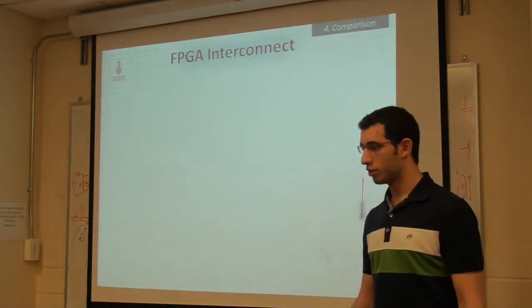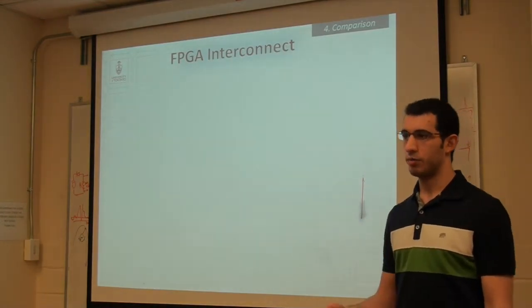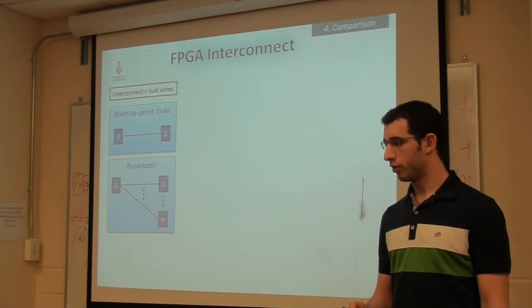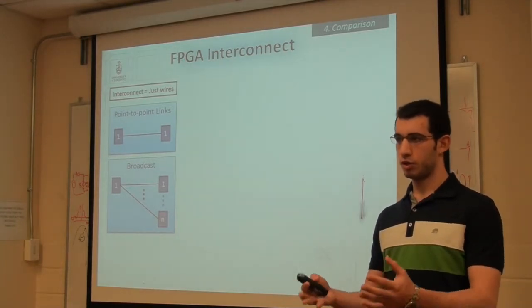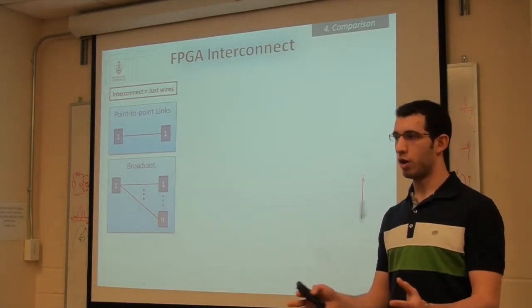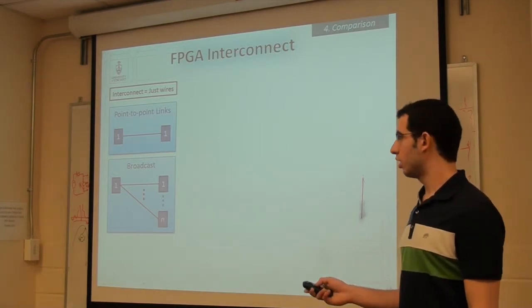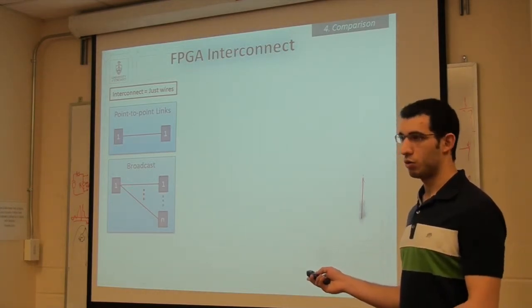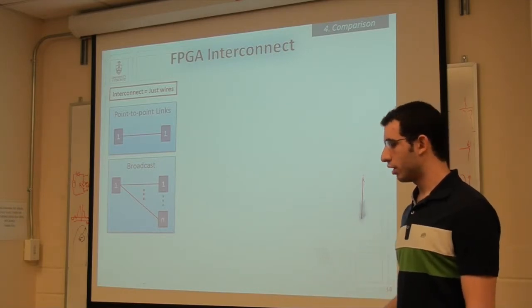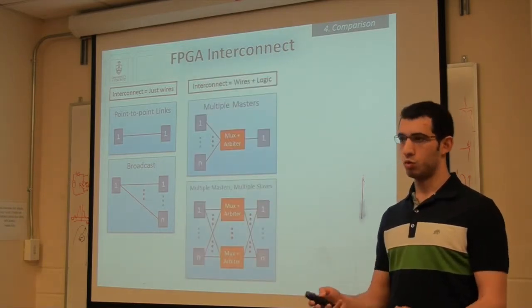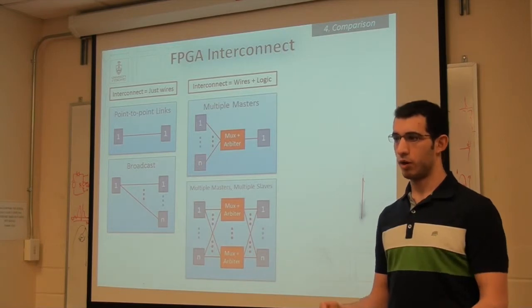Okay, so just a quick recap on the kinds of FPGA interconnect that we have. We can construct interconnect out of just wires. We can just use wires to create point-to-point links. Or we can use just wires to create broadcast networks, right? We can also use wires and logic to do some kind of arbitration.